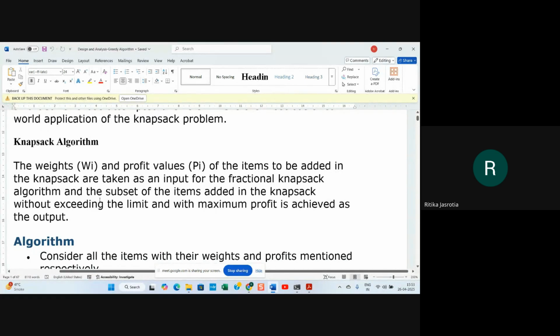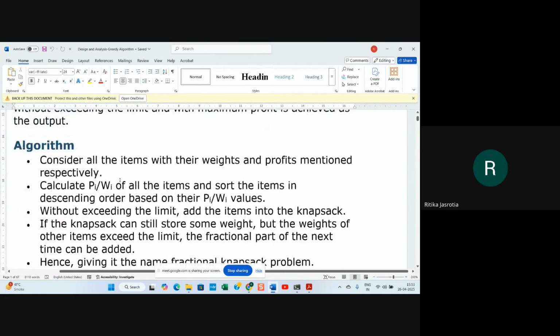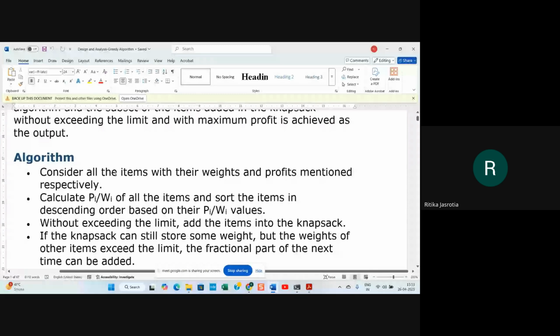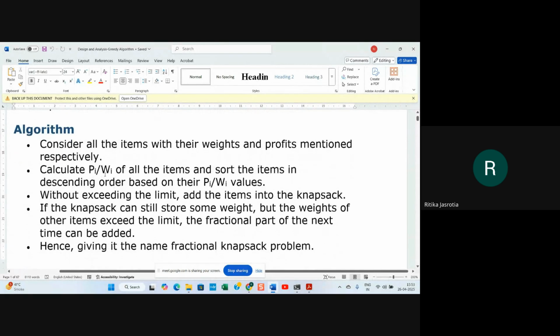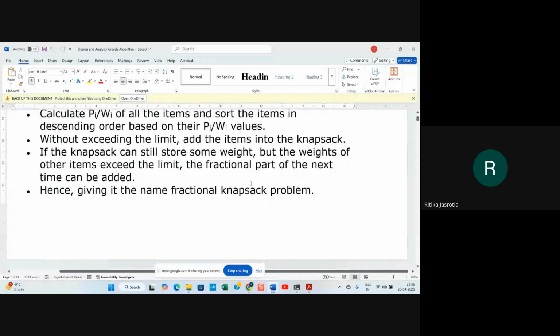In the algorithm, we consider all the items with their weight and profits, calculate Pi divided by Wi, so you calculate the profit divided by weight of all the items, and sort the items in decreasing order of their profit divided by weight values.